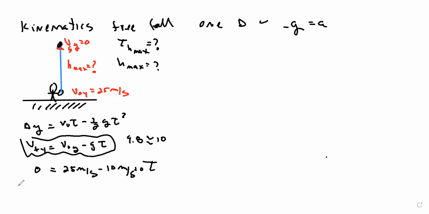So we can send this over here. So you got 10 meters over second squared times t is equal to 25 meters over second. And then we can divide this by 10 meters over second squared and divide this by 10 meters over second squared.